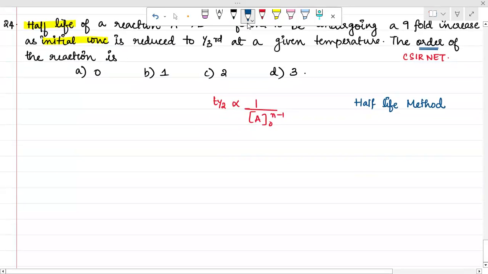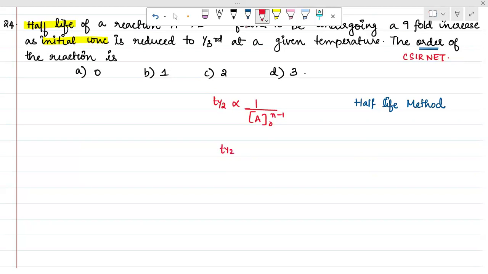Let's say that T half is directly proportional to 1 by initial concentration to the power n minus 1. Now I need to relate it between two concentrations and two half-lives. For example, I have T half 1 and 2, okay? T half 1 is proportional to 1 by A1, which is the initial concentration to the power n minus 1.